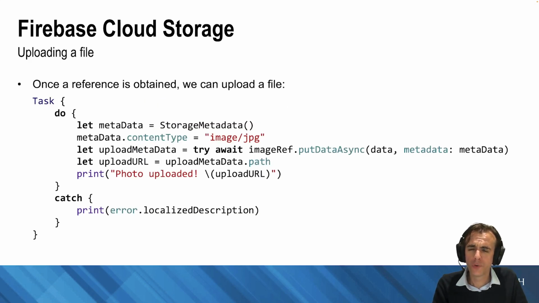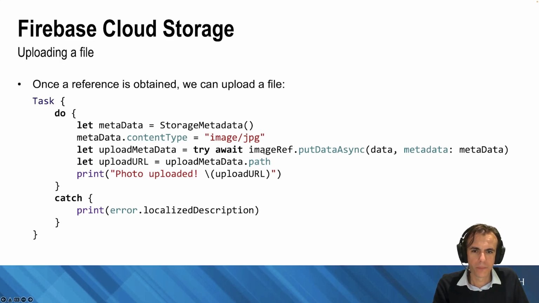If we wanted to upload a file, what does it look like? Well, let's assume that we have some data, which is the data from a file, and we want to tell it that this is an image, a JPEG file. We can specify some metadata, and then the method that's doing the work is this image ref put data async.